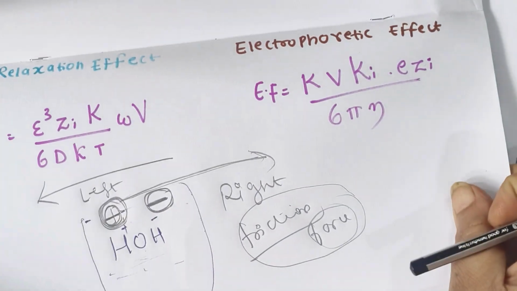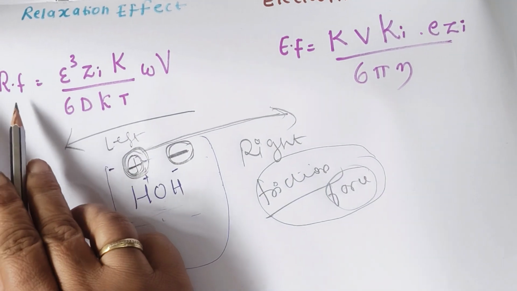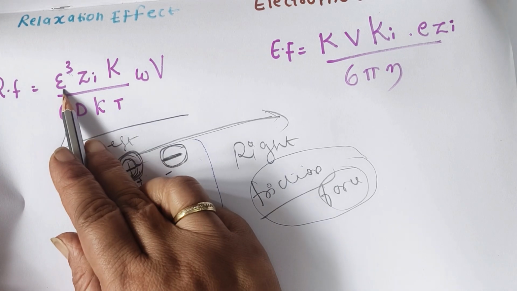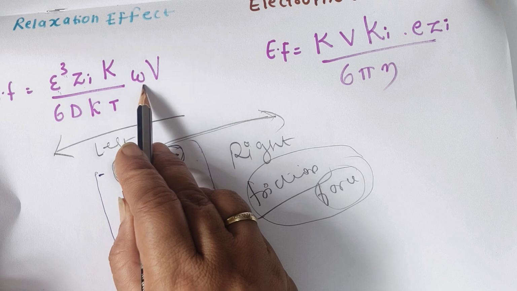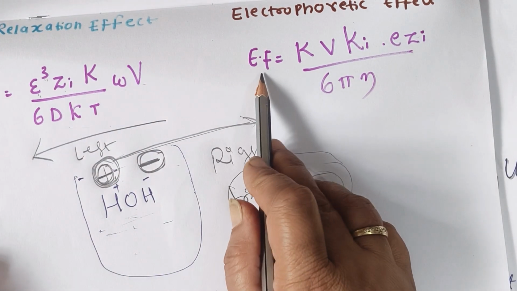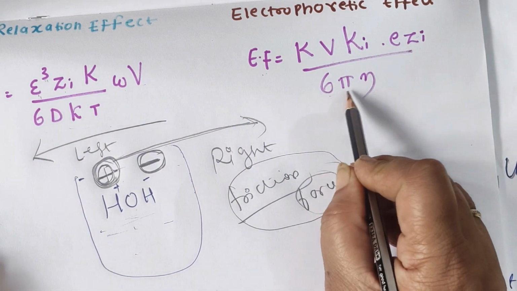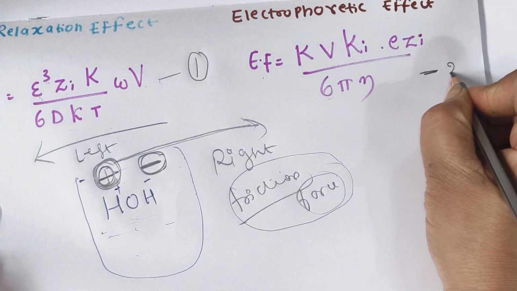First and second equation, here we have to take the relaxation factor, which equals epsilon cube, where epsilon or e is the charge of the ions, Zi k into wV by 6 dkT, and this is our electrophoretic force, which equals kV Ki e Zi by 6 pi eta. So you can give this as equation number 1 and this value as equation number 2.